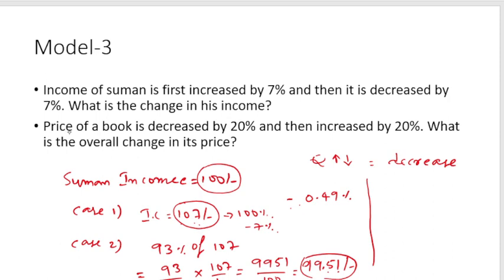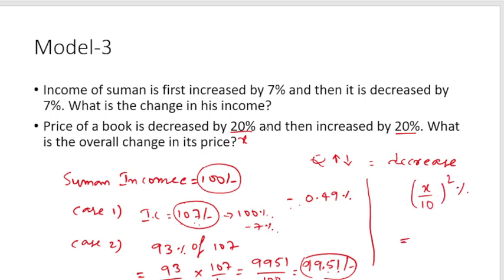The price of a book is decreased by 20 percentage, then increased by 20 percentage. Here first we are decreasing by 20 percentage and increasing by 20 percentage, so take this as some x. Then the overall change is equal to (x by 10) whole square percentage.